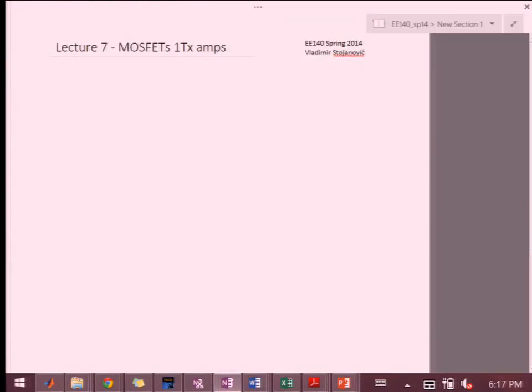Normally, and we'll do this a lot more when we talk about output stages, we can create something called a load line.